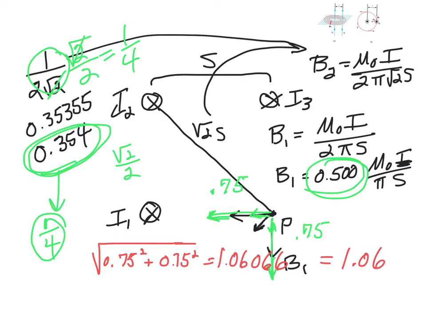So that's the coefficient of the final vector, and you can see the sum of those two vectors, this vector and this vector, this is getting to be a mess, would be a vector of unit 1.06 in that direction. Okay, done with that one.